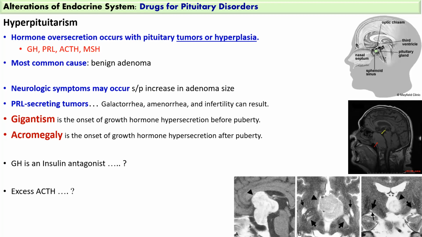Excess of ACTH hormone. If a patient is affected by an increased production of ACTH, adrenocorticotropic hormone, from the P gland, which stimulates the adrenal glands to produce more hormones, especially steroids, that is called Cushing syndrome.